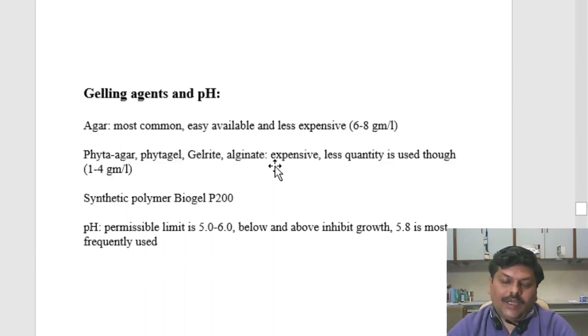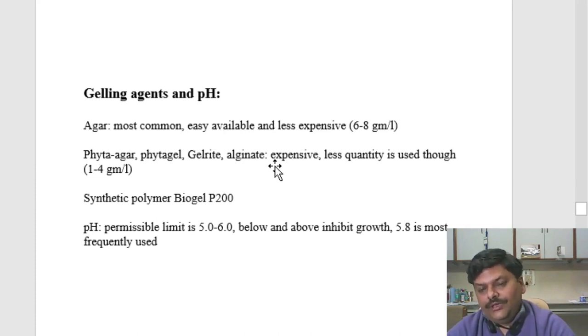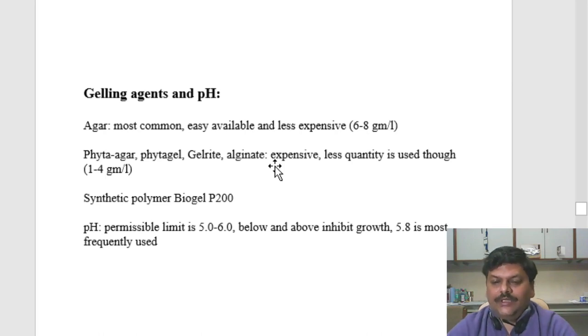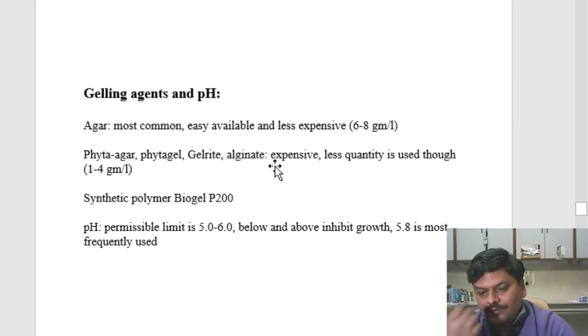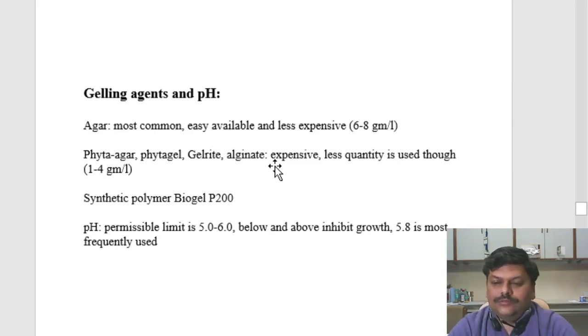And then last but not the least is the gelling agent and the pH of growth media. The most common and cheap, most economical gelling agent is agar. Agar is basically a non-reactive polymer originated from cellulose.